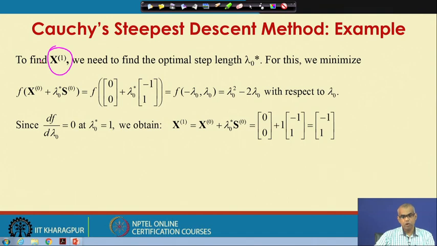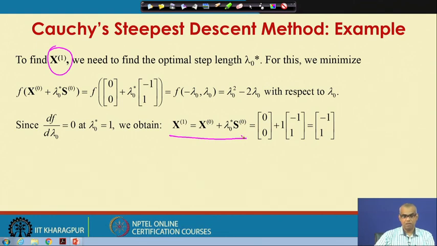X 1 will be found out as x 0 plus step length into S 0. This is our scheme to update the estimate for the minimum point. This is same as x k plus 1 equal to x k plus alpha k s k.